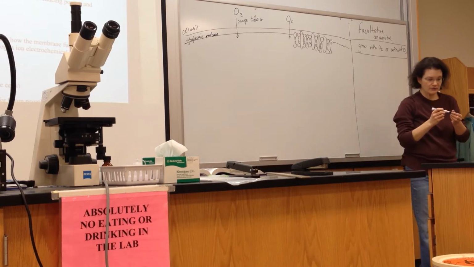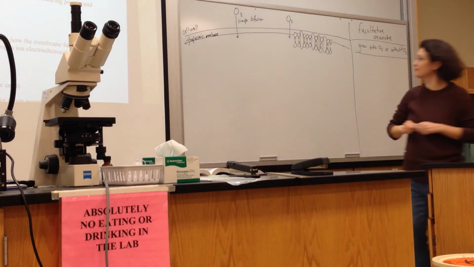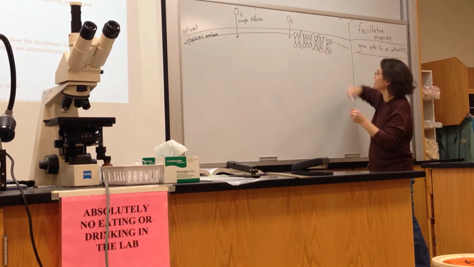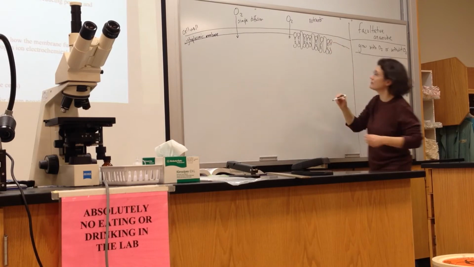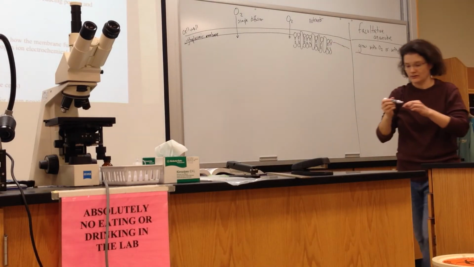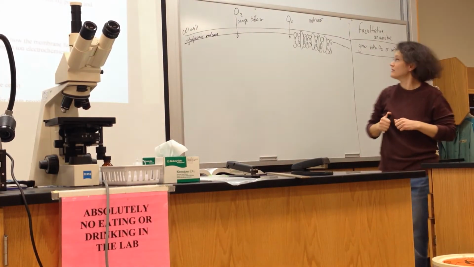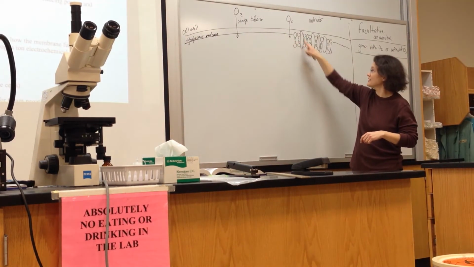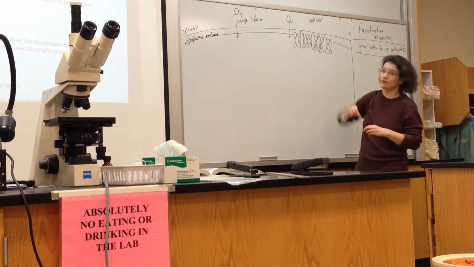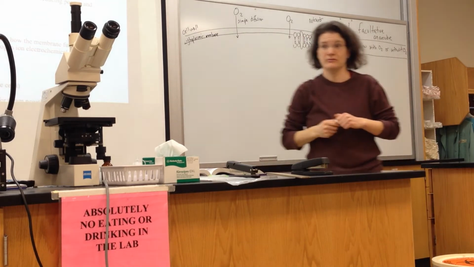Real quick, what kind of transport are we going to see our cell using to get nutrients from the outside to the inside of the cell? What are the 4 ways that nutrients, which are too big to go through this phospholipid bilayer, need a transport channel?